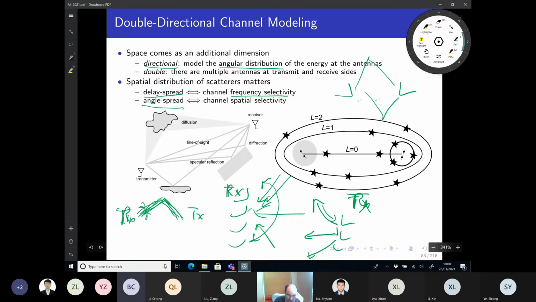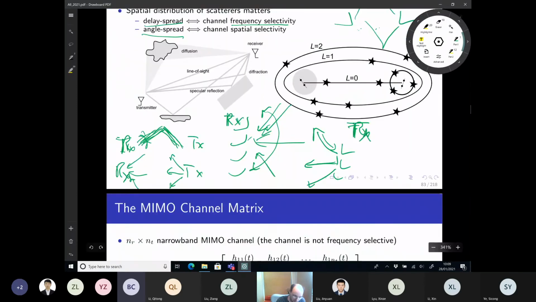All your paths are located with a deviation around the mean that is very small, compared to the case where you have a receiver and a transmitter, and all the paths depart in many different directions and are received in many different directions. So your angle spread will lead to a spatial selectivity. Your delay spread will lead to a frequency selectivity.